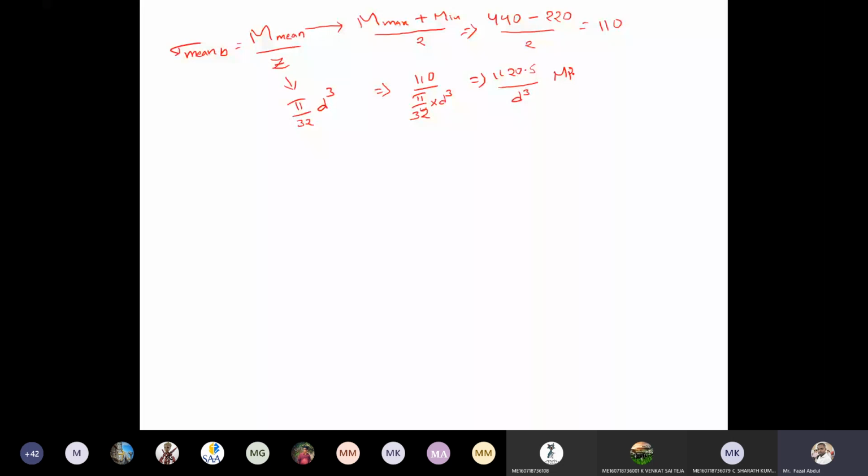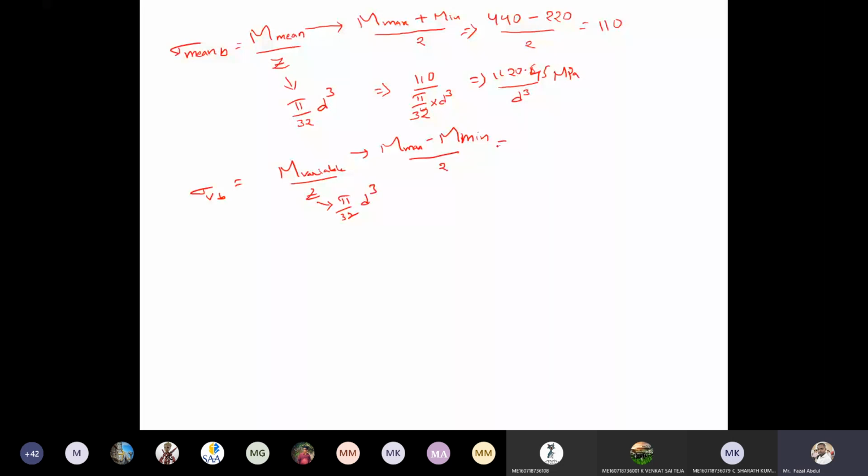Now calculate the variable bending stress. What is variable? Variable bending moment by section modulus. Variable is maximum minus minimum by 2. Section modulus is as usual pi by 32 into d power 3.